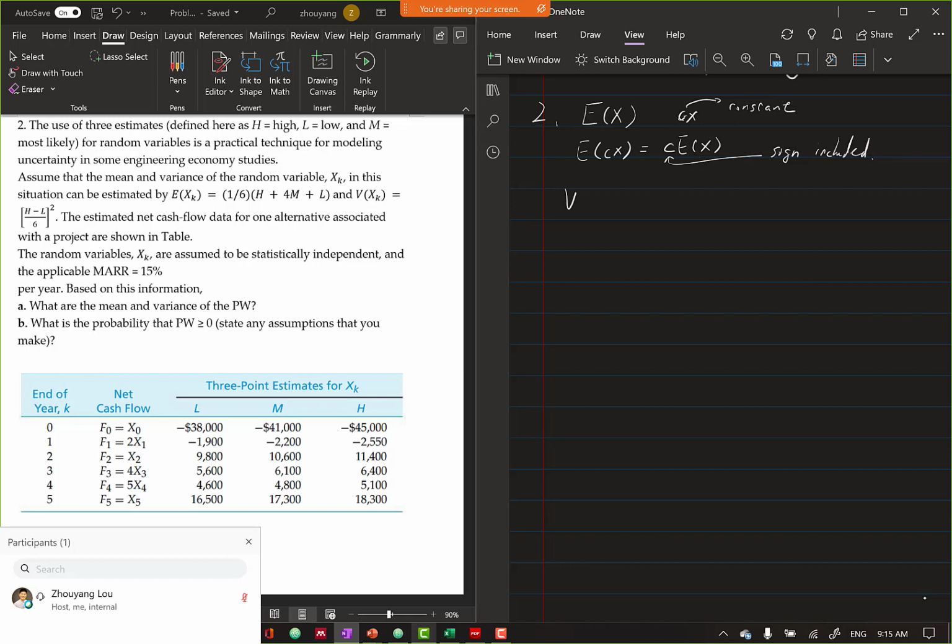And for the variance, it's a similar story, but remember, when you take the c out of the variance, you should square it, and it will be c squared times the variance of x.